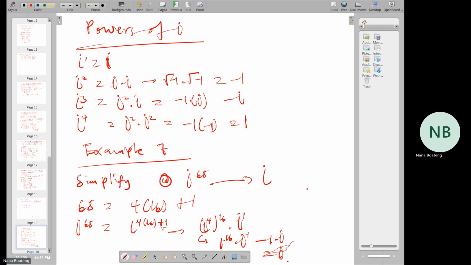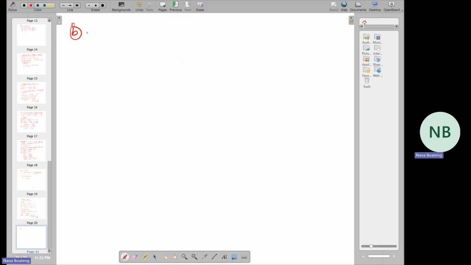All right. Let's look at another example, B, i power 72. So let's break 72 down into a multiple of 4 times another number. So 4 divides 72 18 times. 72 is equal to 4 times 18.